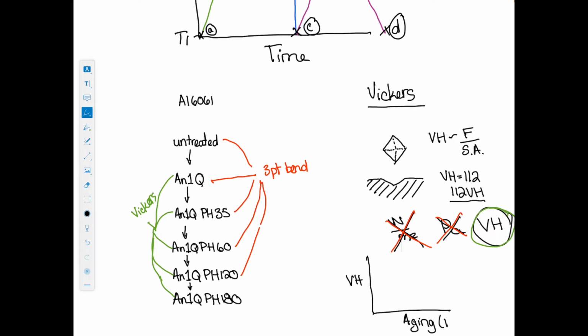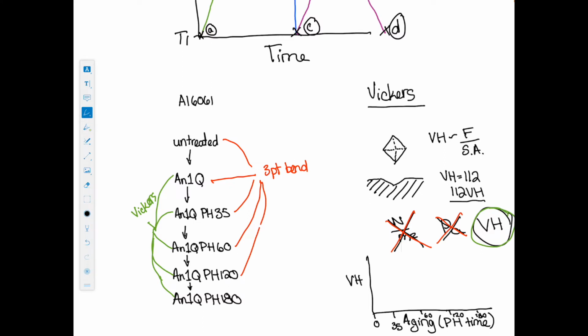So this would be your precipitate hardening time. 0 is our first one, 35 is our second one, 60, 120, and 180. Please make your graphs nicer than this.